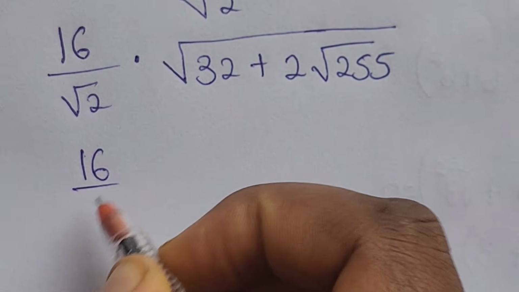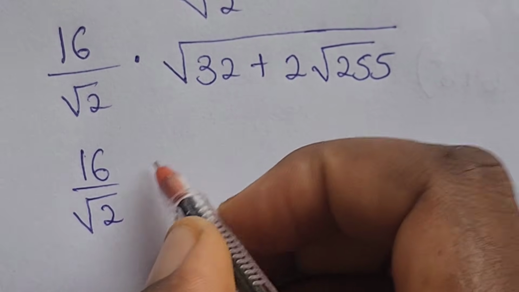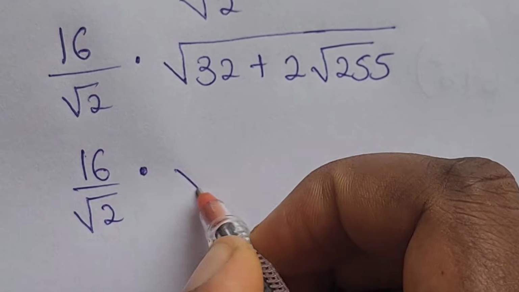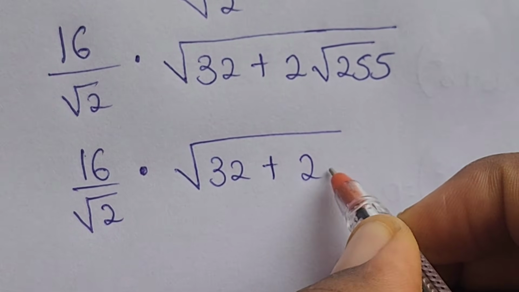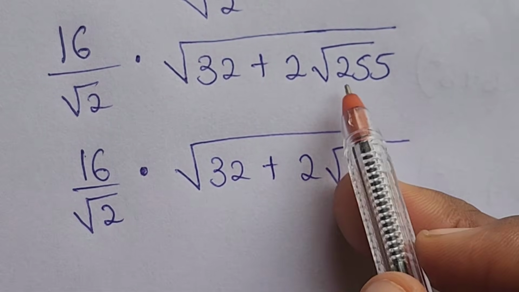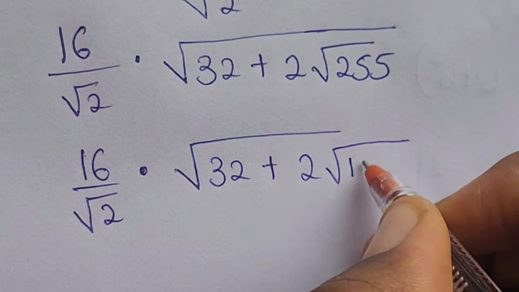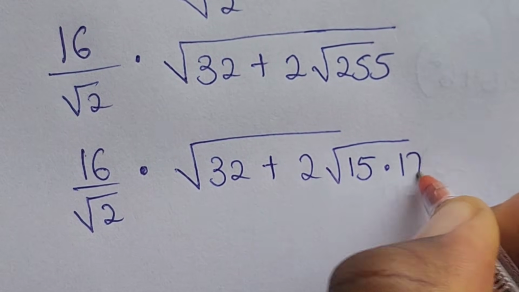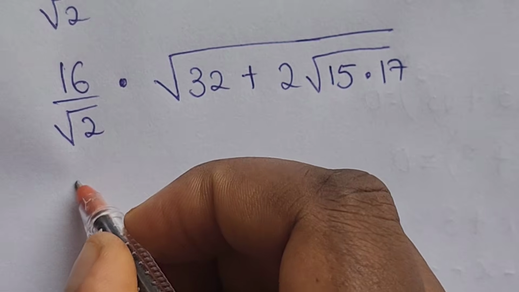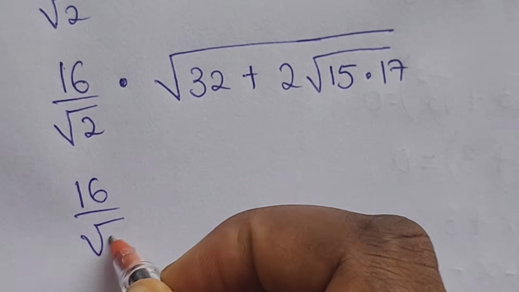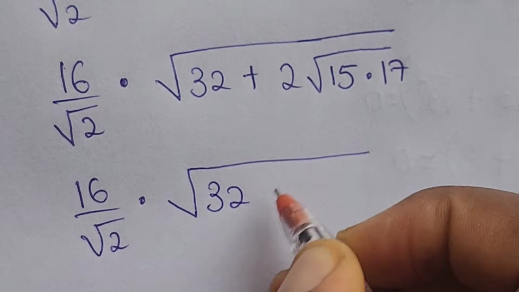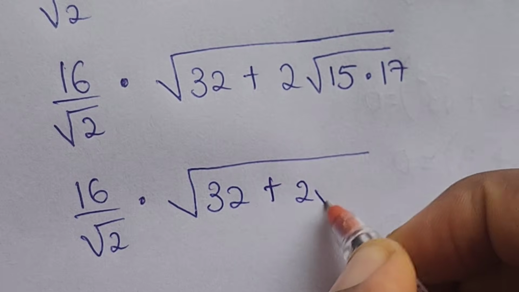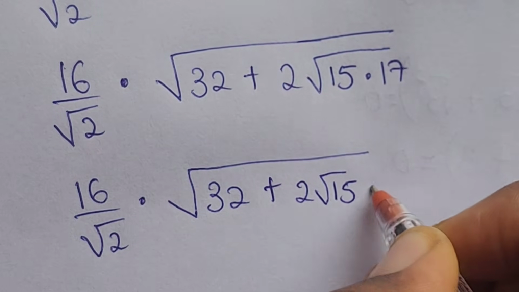So I have 16 over root 2 times 32 plus 2 times root 255, we can split it as 15 times 17. We have 16 over root 2 times root 32 plus 2 root 15 root 17.